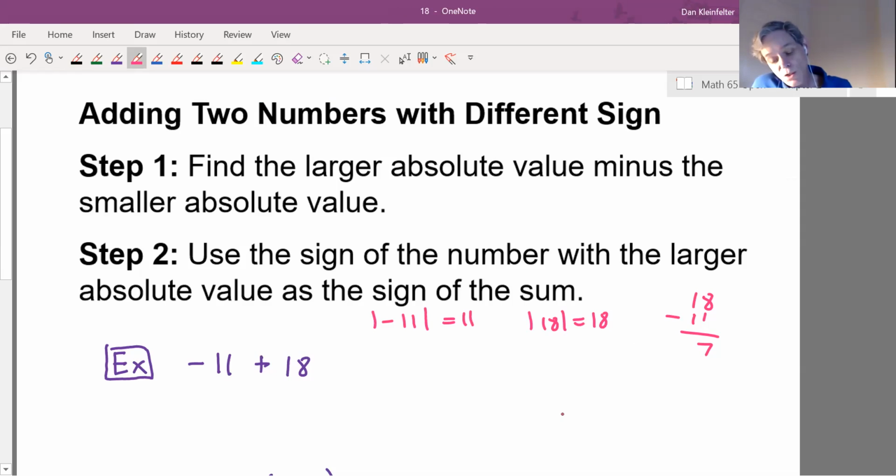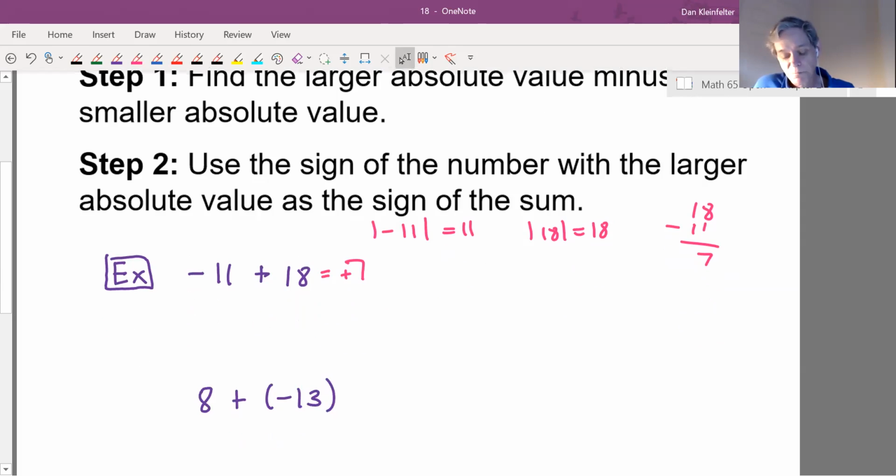Step two, use the sign of the number with the larger absolute value as the sign of the sum. So between -11 and 18, which had the bigger absolute value? Well, 18 does, okay? And it's positive, so our final answer will be a positive 7. I'm going to put a plus sign on there just for emphasis.